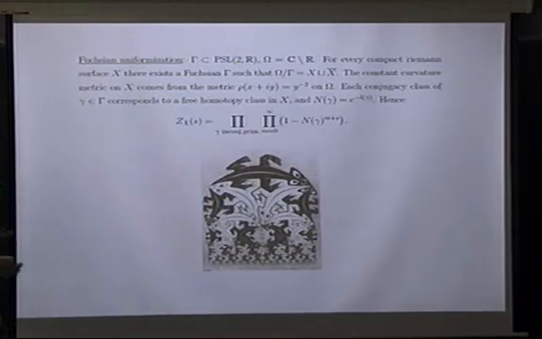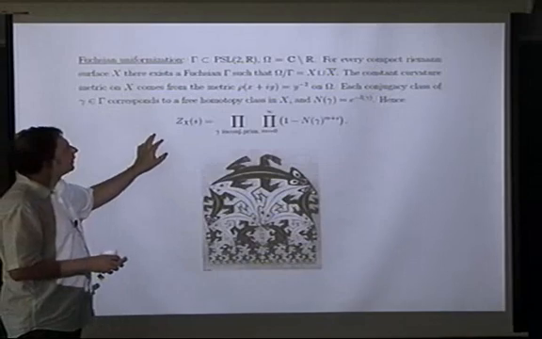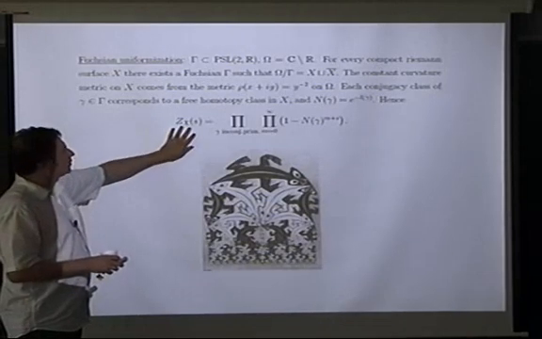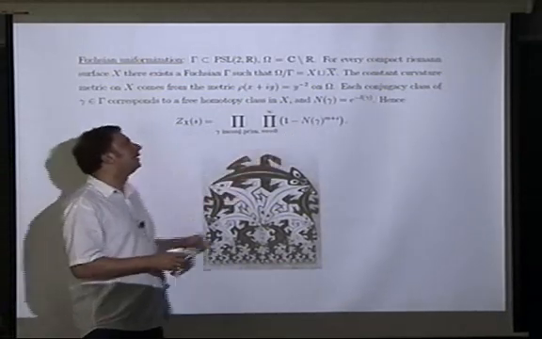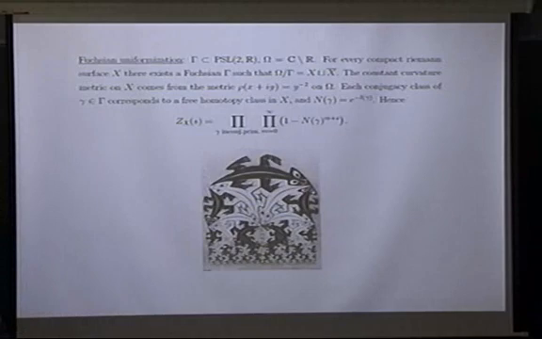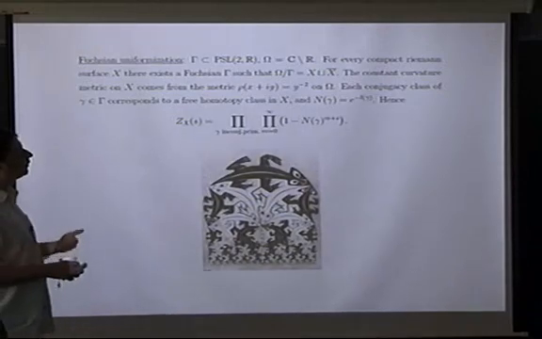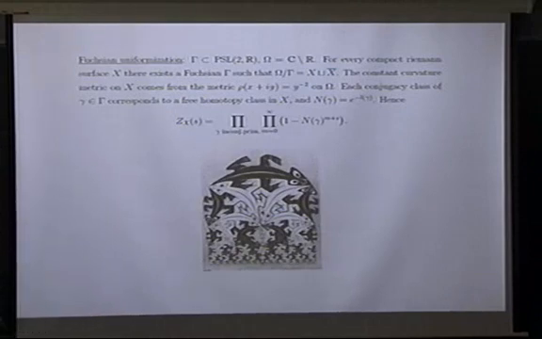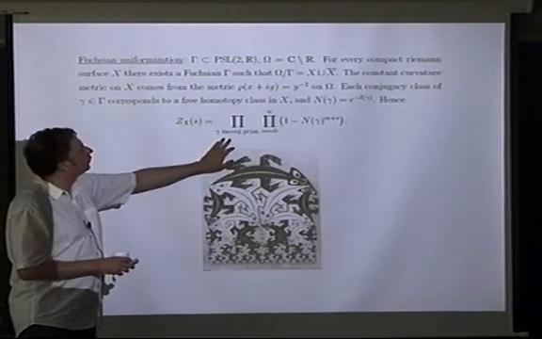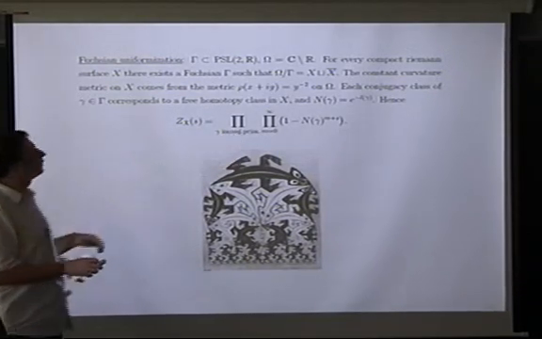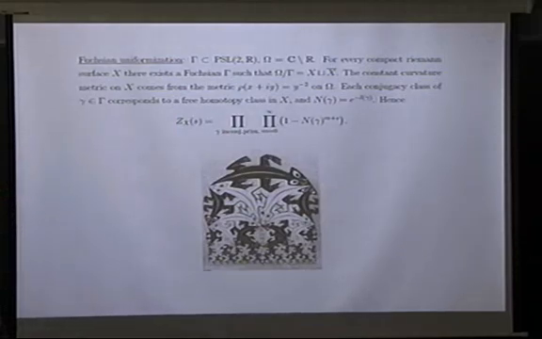So the determinant of the Laplacian is a special value of this zeta function, where the zeta function is written in terms of multipliers of the group elements for the Fuchsian group uniformizing the surface. The primitive geodesics correspond to primitive conjugacy classes in the Fuchsian group.